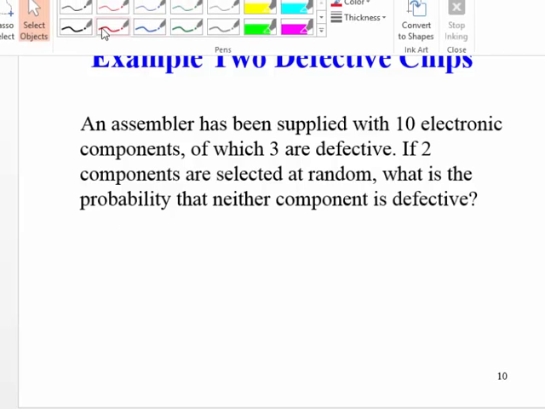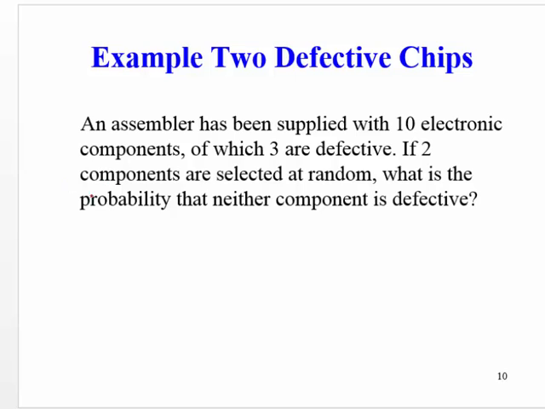So we have the probability that we have not defective on the first and not defective on the second. So that's equal to the probability of not defective on the first times the probability of not defective on the second, given that we selected one that was not defective on the first.